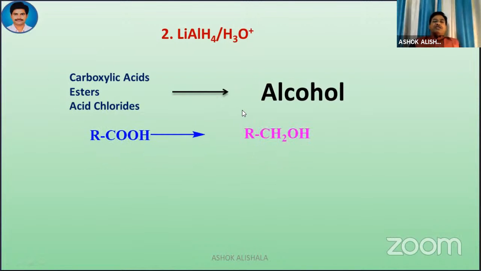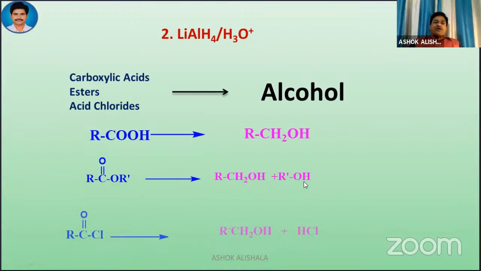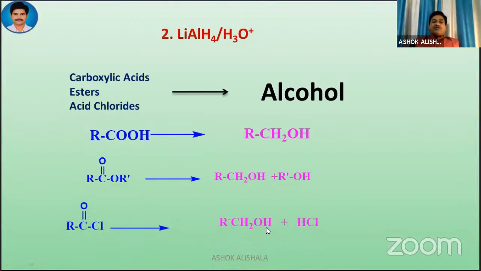For example, RCOOH is changed to RCH2OH. This is ester, changed to two different alcohols. If you observe, this is going to be one alcohol, and this converts into another alcohol. And even acid chlorides also convert into alcohols. That means lithium aluminum hydride reduces carboxylic acids, esters, and acid chlorides into alcohols.